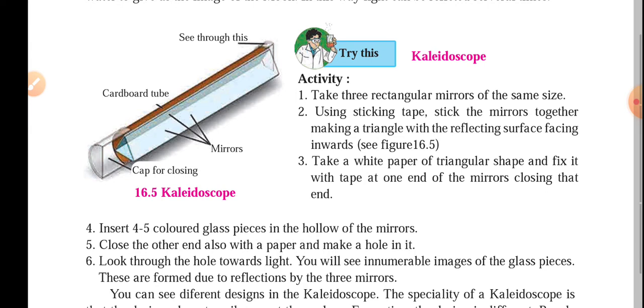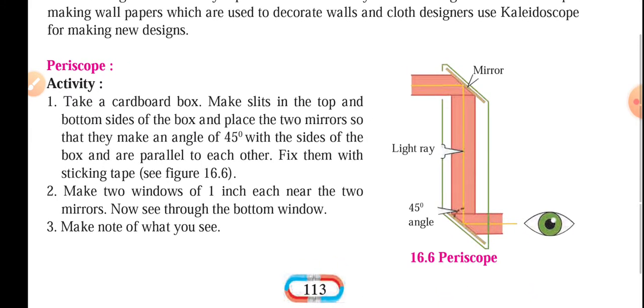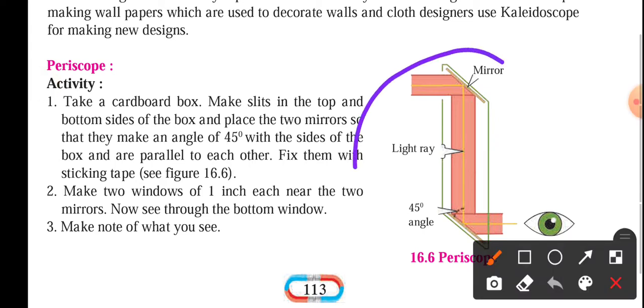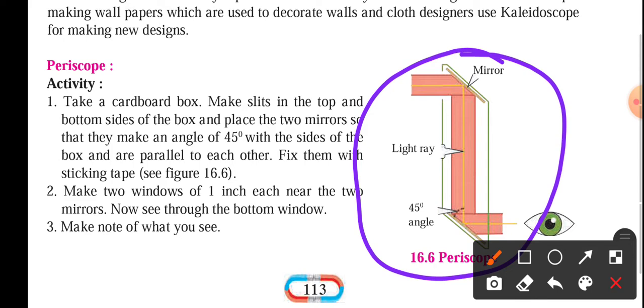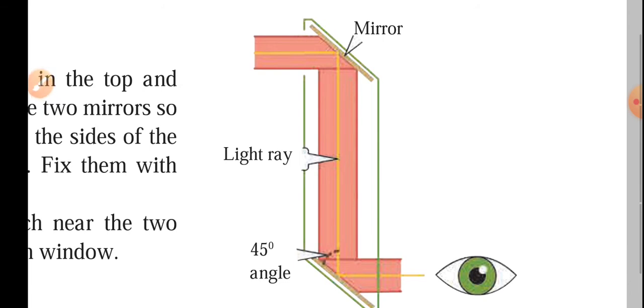Further, one more use of this is the periscope. The periscope is a very important device. I want to show you with this particular picture what exactly is happening. It's a very useful device, especially for the armed forces and even in submarines.